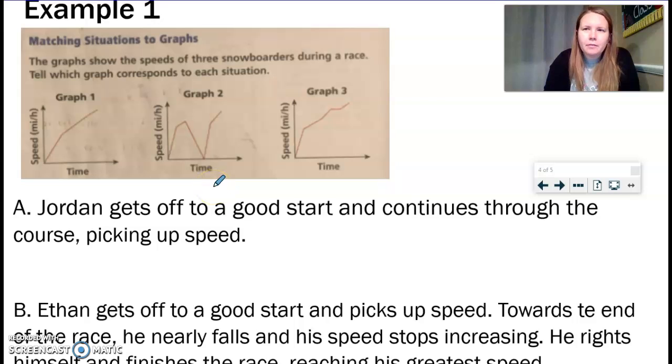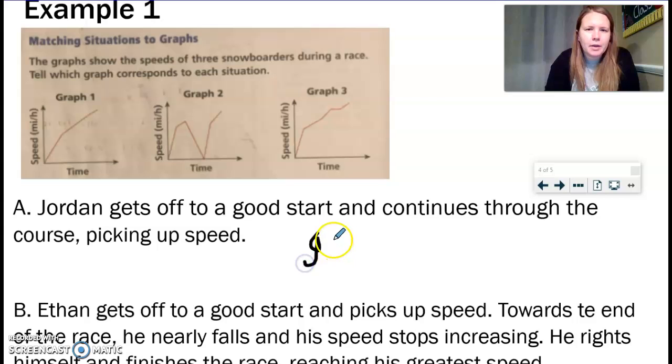So there's not a lot of different things that happen to this snowboarder. Based on that, like I broke them up into different types of lines in the first part, I can tell that there's probably not going to be a lot of different lines. So my best guess, and it's a good guess, though not perfect, is that graph 1 is Jordan.